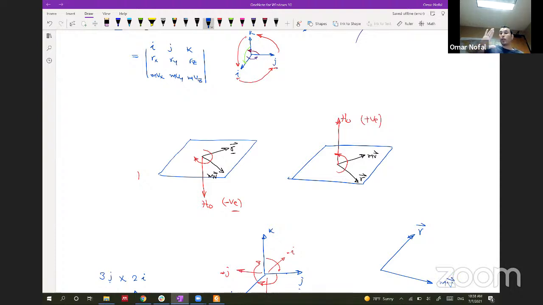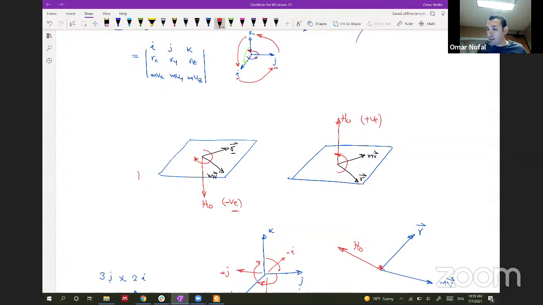You either use your right-hand rule and make it like this from R to MV, so you will have HO in this direction. So it's perpendicular to both of these and also perpendicular to that one.